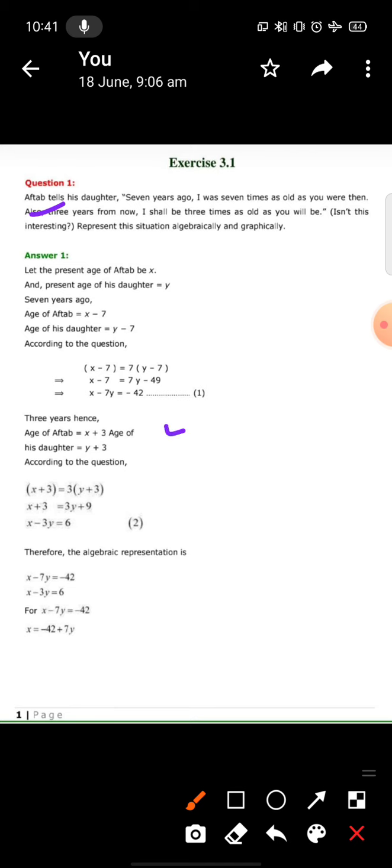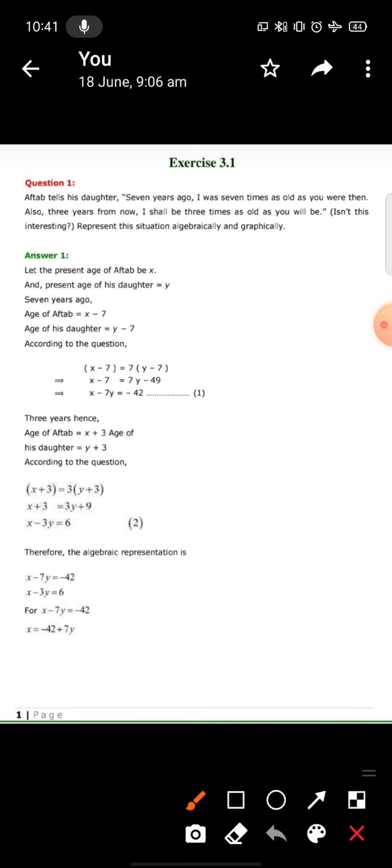Similarly, 3 is added to the age of Aftab and 3 to the age of his daughter. So x and y are the current ages and 3 is added because we have to find the age after 3 years. So after 3 years the ages will be x plus 3 and y plus 3.